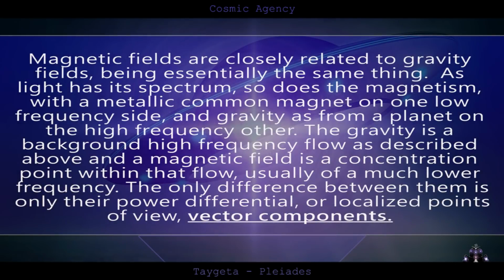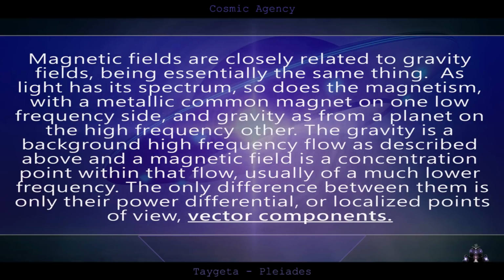Magnetic fields are closely related to gravity fields, being essentially the same thing. Such as the light spectrum does, magnetism also has a spectrum of its own, with a metallic common magnet on one low-frequency side, and gravity, as from a planet, on the high-frequency other.